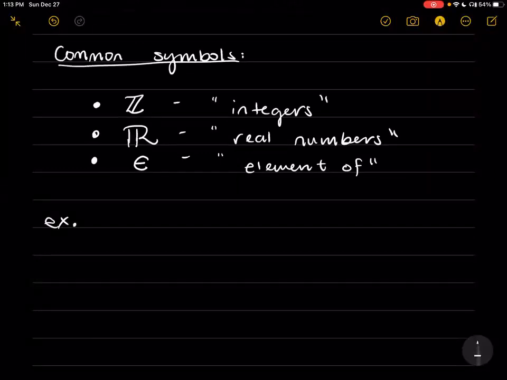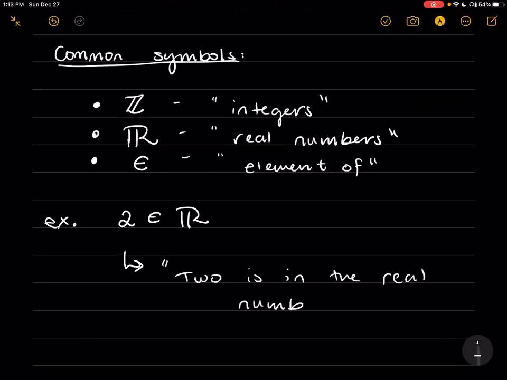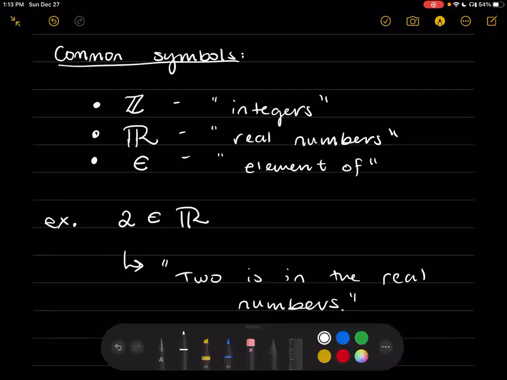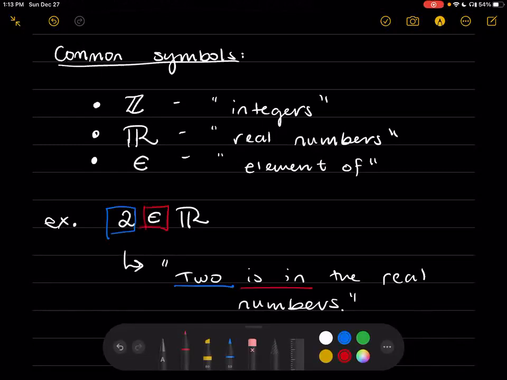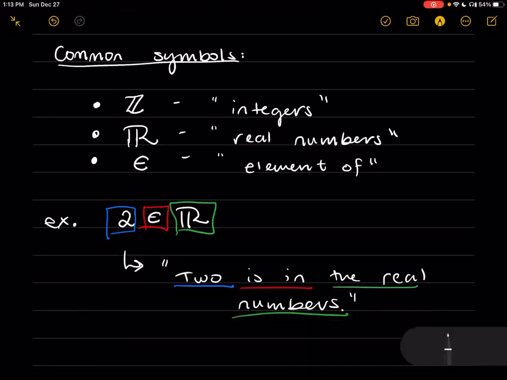If we were to write 2 element of R, in English this would be translated as 2 is in the real numbers. The 2, of course, is 2 right here, the in comes from the E looking symbol there, and then the R corresponds to the real numbers, like that.